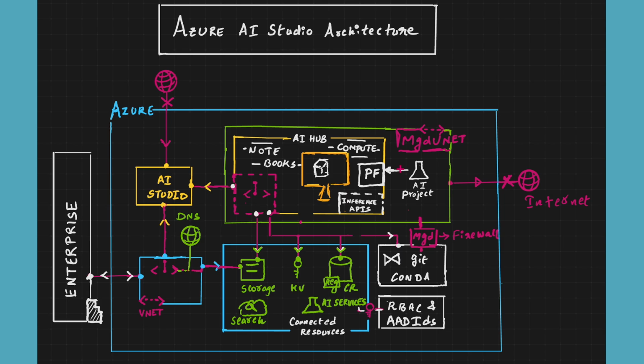So think of AI projects as a workspace where a developer could develop, test, and productionalize their artifacts. And as part of AI Studio, it takes advantage of all the connections and compute that is made available as part of the AI hub.